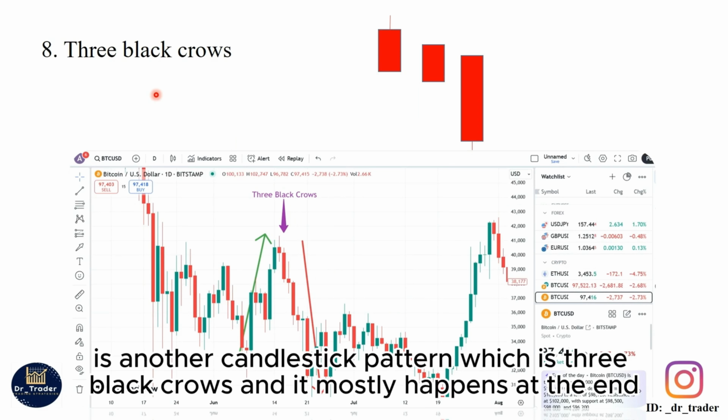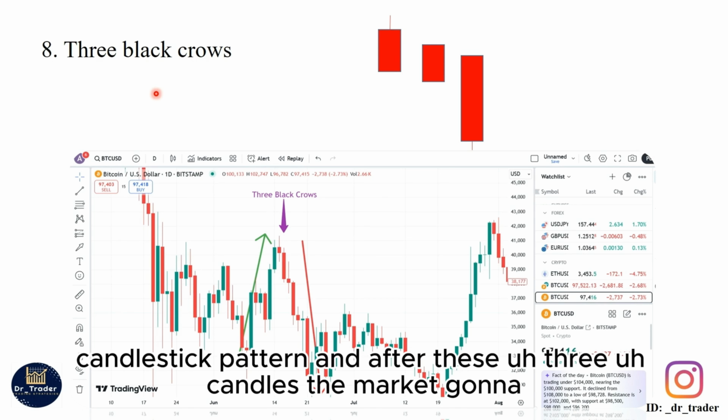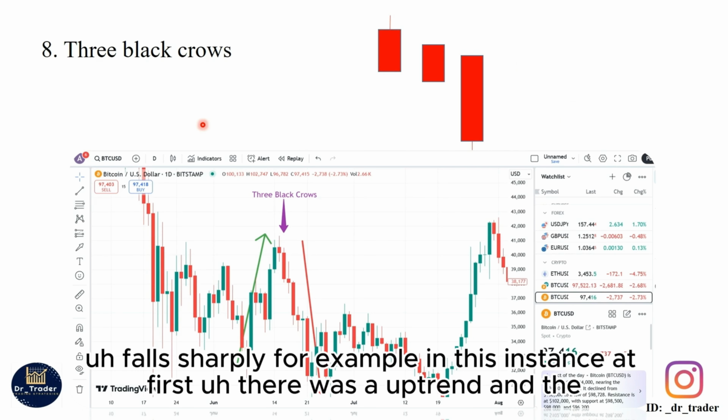And also there is another candlestick pattern which is three black crows, and it mostly happens at the end of an uptrend. And the market is so sensitive to this candlestick pattern, and after these three candles, the market is going to fall sharply.